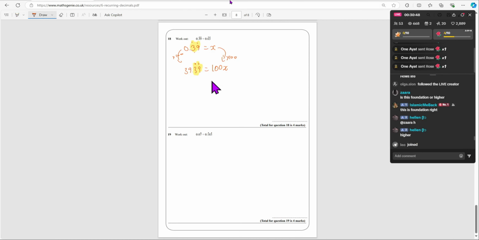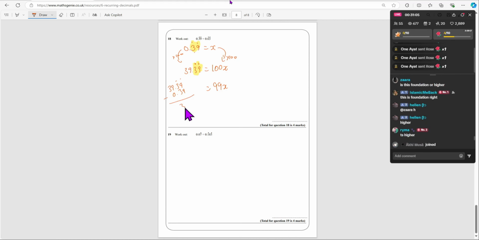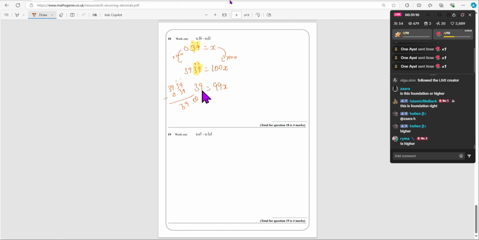We can get 99x, we can do 100x minus x, so we're gonna do 39.39 recurring, subtract 0.39 recurring, and then you are going to get 39.00. So we know that 99x is going to equal 39.